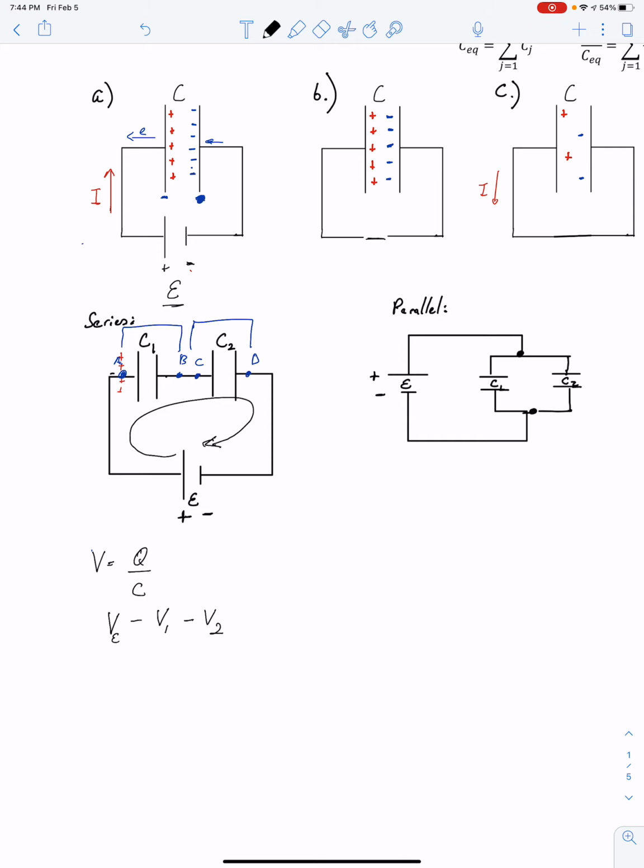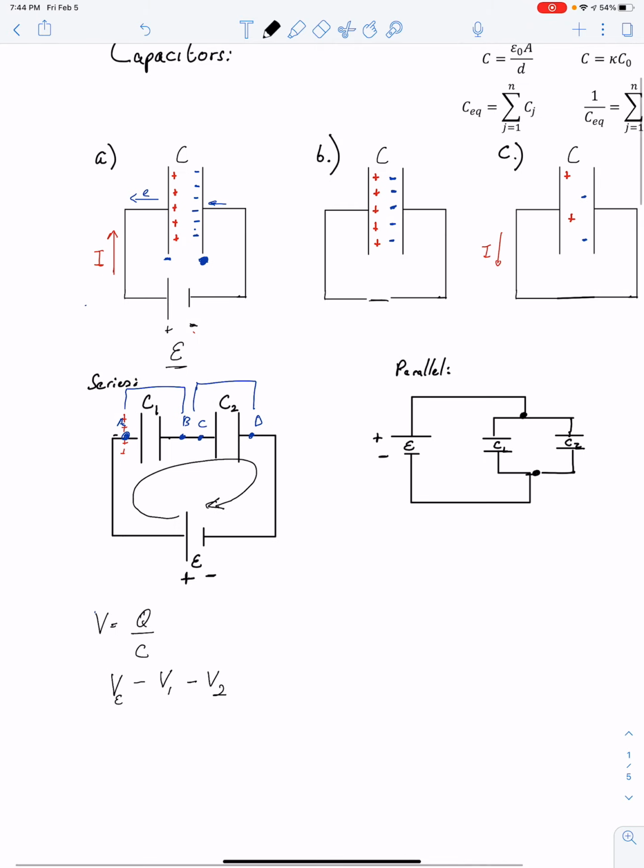As I mentioned before, current goes from high to low.